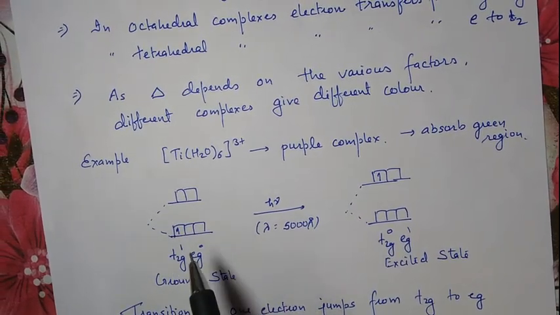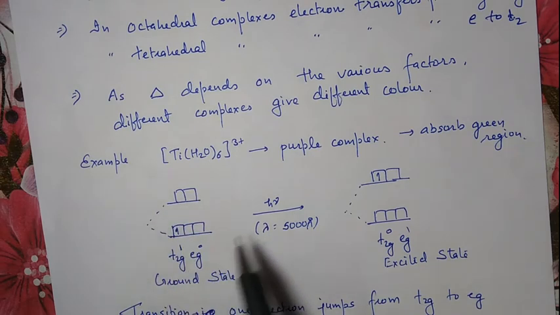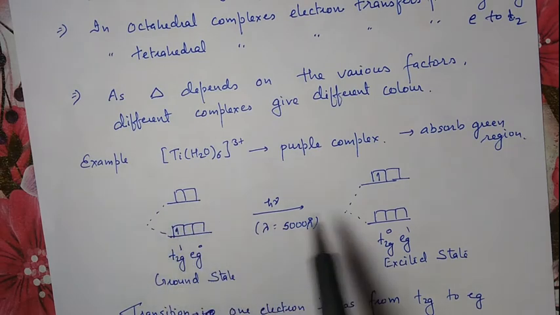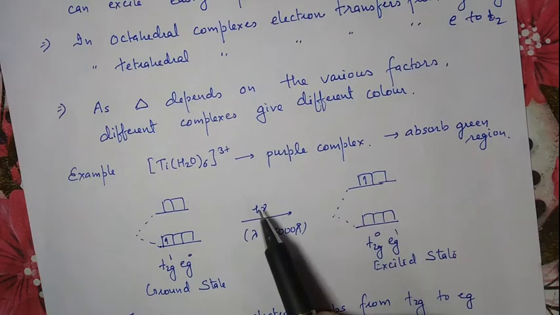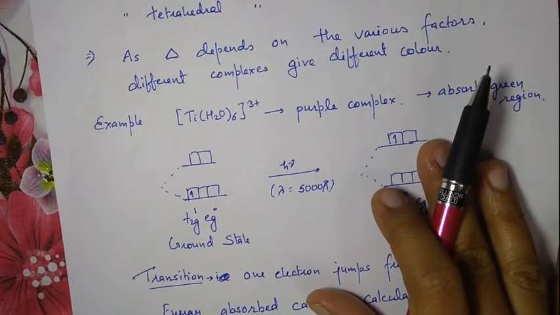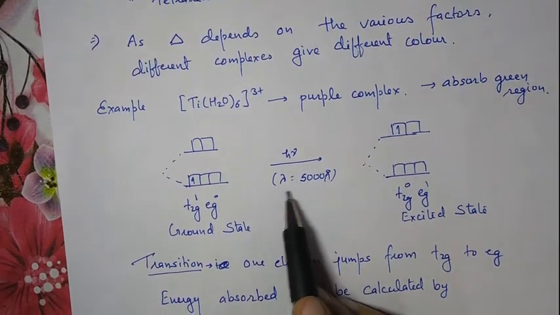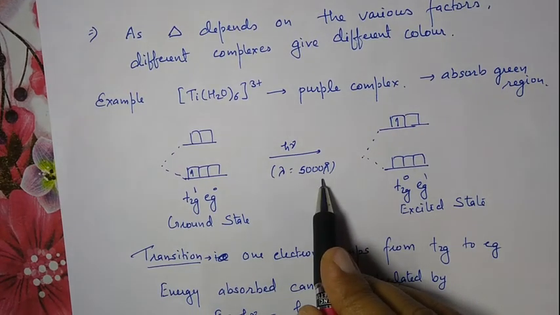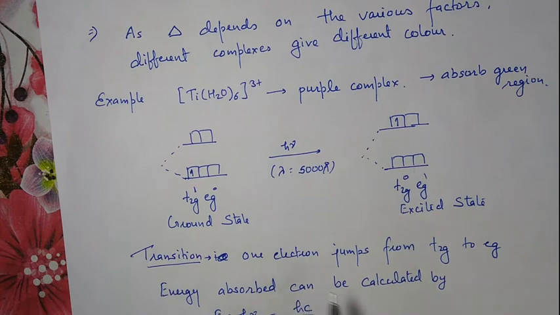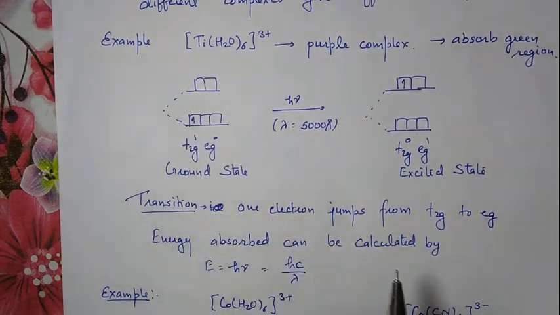This complex can absorb radiation, and this electron can jump from t2g to eg orbital by absorbing radiation of a higher wavelength, this much.